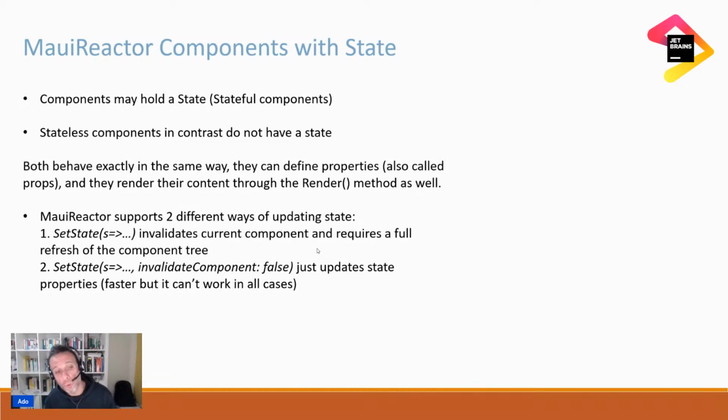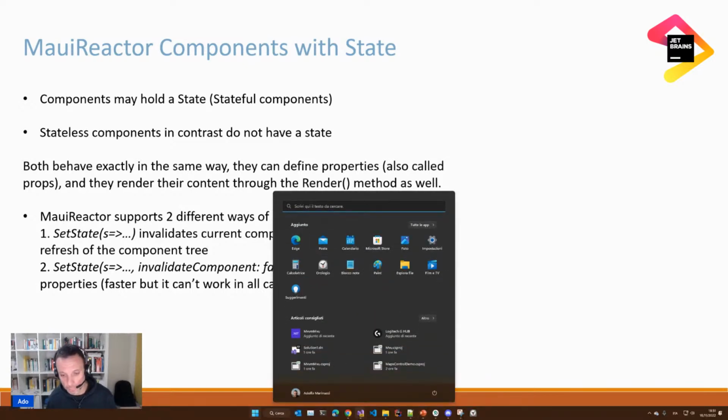Instead, if you use SetState but pass invalidateComponent set to false, you are just asking MauiReactor to update the state and the properties bound to the property values of the state, but without invalidating, without refreshing the entire component tree. It's surely a faster method, but it can't work in all cases. Let's see what I mean.